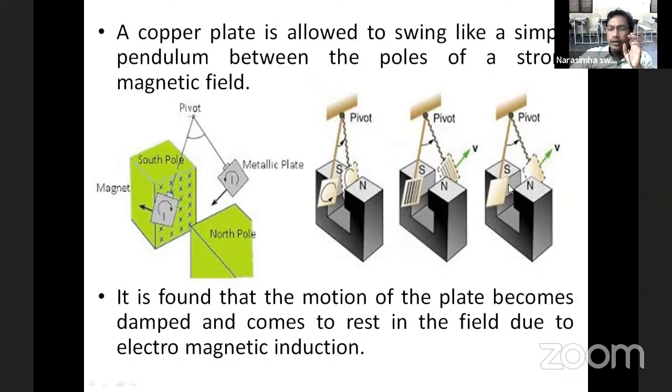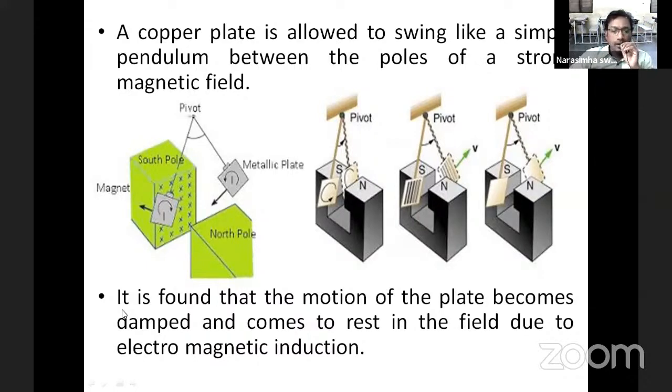Without a field, it may make 10 oscillations per minute, but with the field present, it will make only about 4 to 5 oscillations. So we observe that it is not making free oscillations. These oscillations are called damped oscillations. Oscillations are damped means that slowly, with respect to time, the number of oscillations decreases and comes to zero.